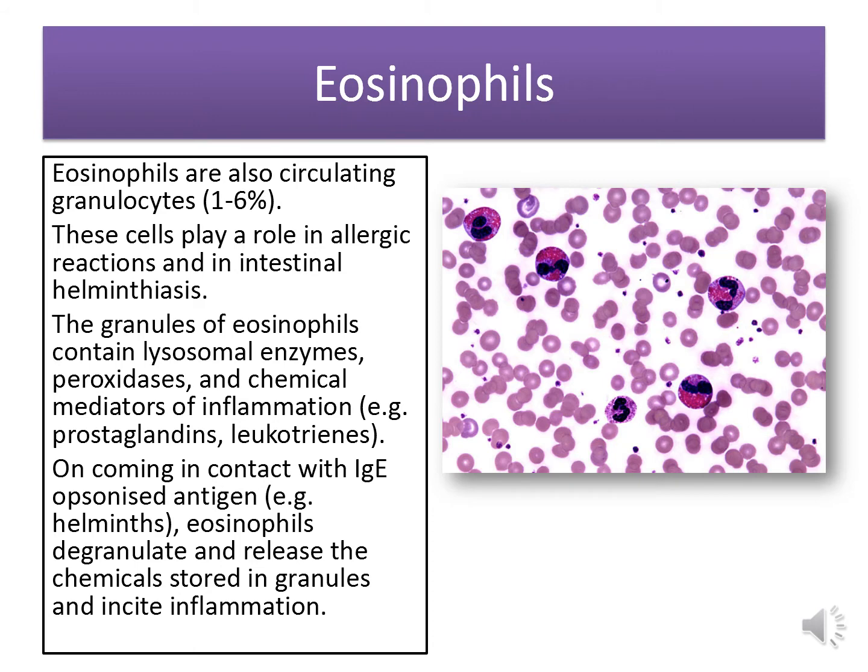The granules of eosinophils contain lysosomal enzymes, peroxidases, and chemical mediators of inflammation. On coming in contact with immunoglobulin E opsonized antigen in case of helminths, eosinophils degranulate and release the chemicals stored in granules and incite inflammation.